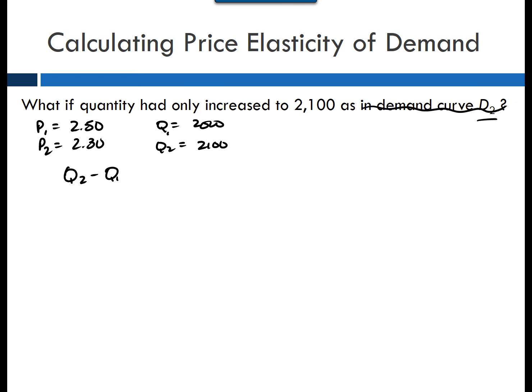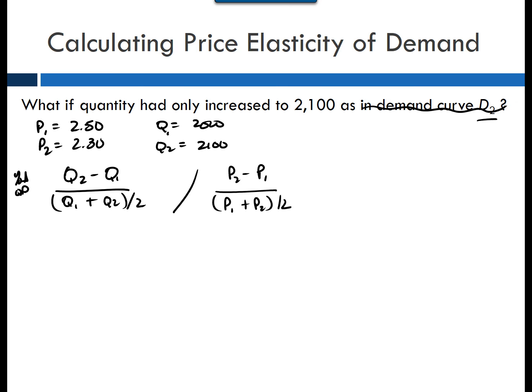How much did the quantity increase over the average, the midpoint, Q1 plus Q2 divided by 2? That will give me the percentage change in the quantity demanded. And then I do the same thing with the price. Price 2 minus price 1, how much did the price change over the midpoint, or the average price? And that will give me the percentage change in the price.